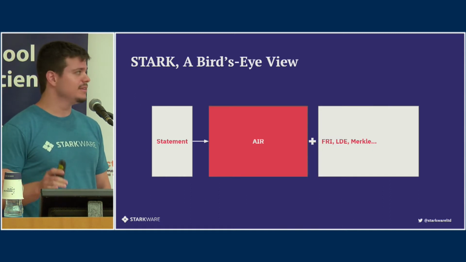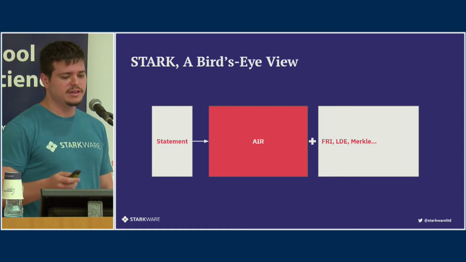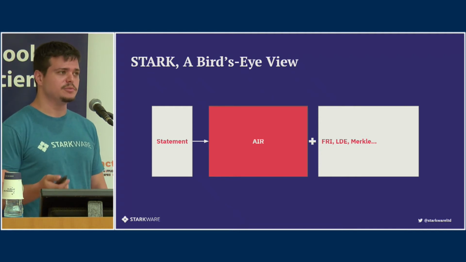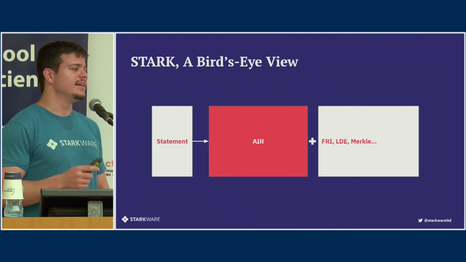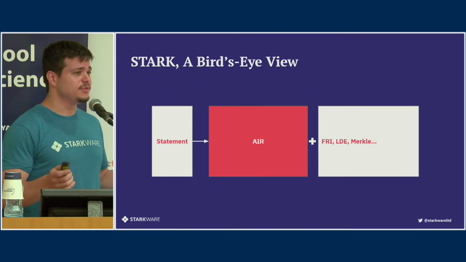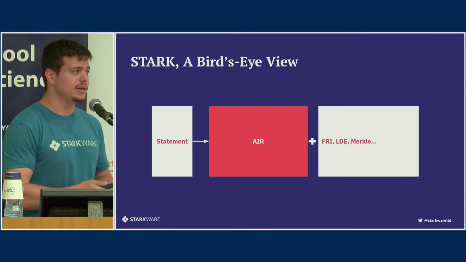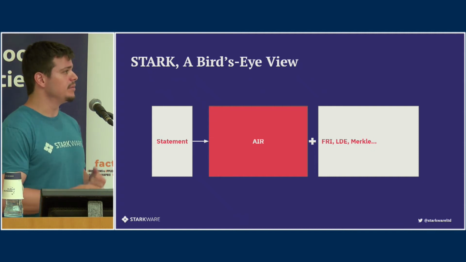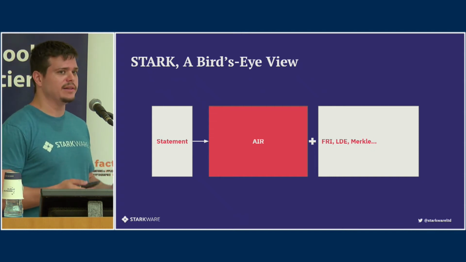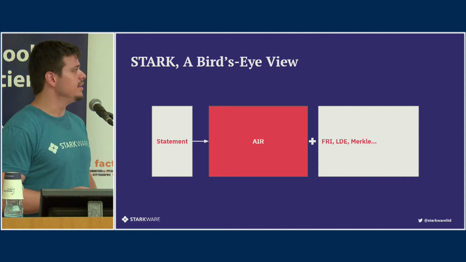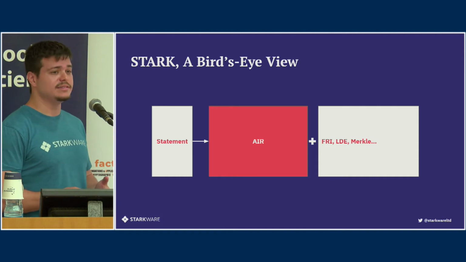Just a bird's eye view. I have some statement I want to prove. For example, let's say I have 1,000 transactions between users. I want to prove that each one is signed correctly, and when I apply them, no balance goes under 0, and the result state is something.